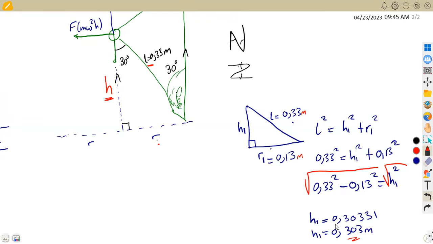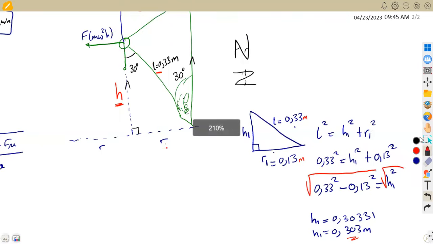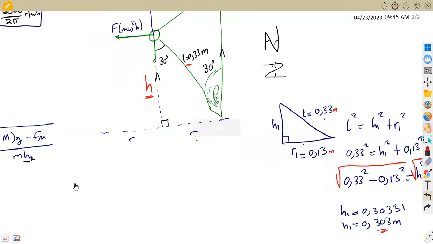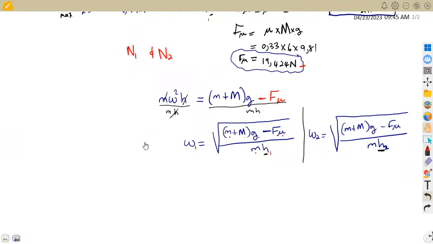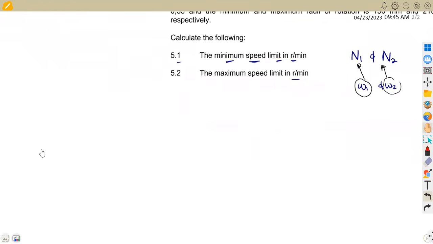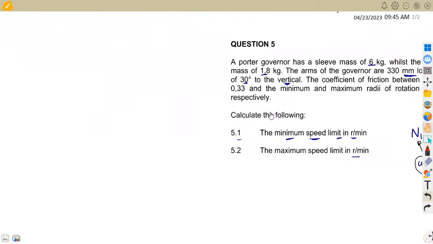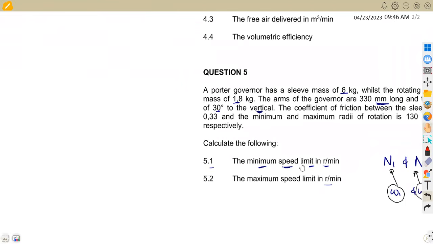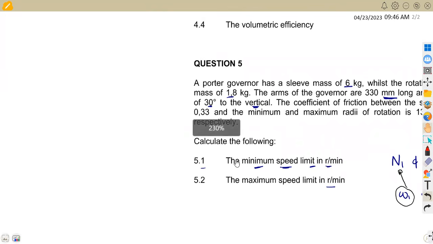All right, so that means we can calculate our omega-1, then we can calculate speed 1. Remember, I'm referring to the conditions of these two as the two questions, the minimum speed and the maximum speed. If we calculate the minimum speed, we focus on H1, and we finish with this H1.